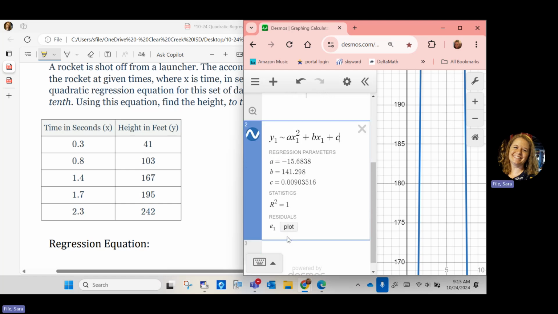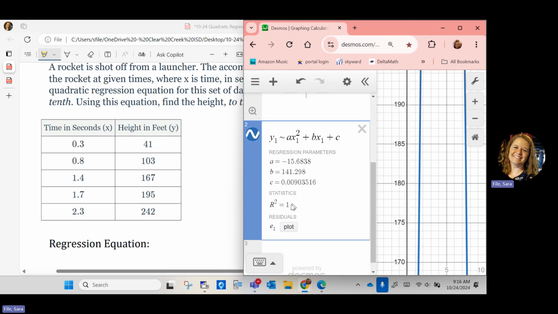Remember when we were doing this with linear regression, we looked at that r squared value and we talked about how it's going to be a number between 0 and 1. The closer it is to 1, the better the fit, the more accurately the model represents the data. So this r squared is exactly 1.